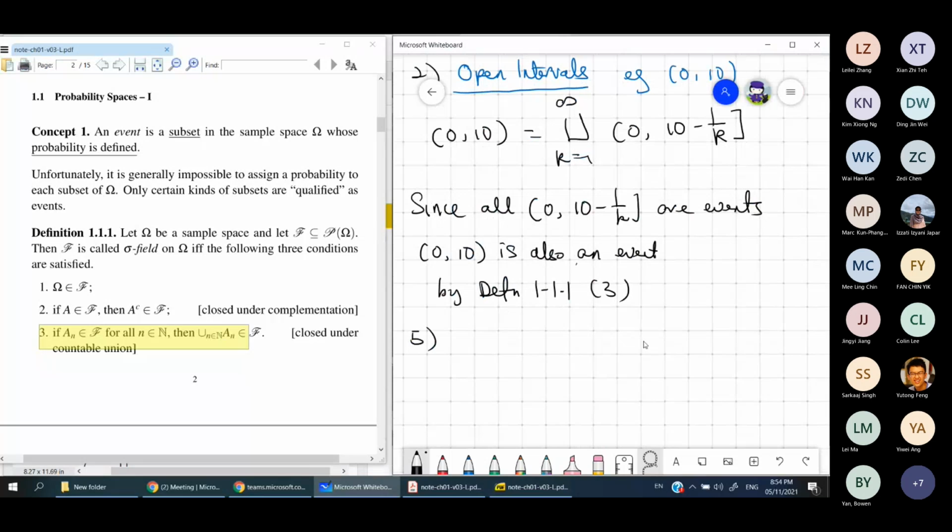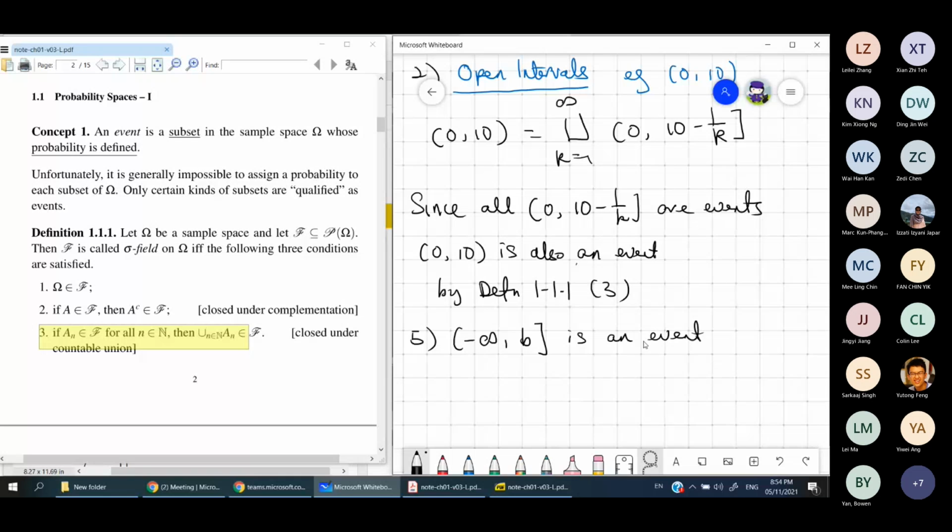So take all the intervals like this, for example negative infinity to b, is an event. I think it's better to use Borel set, but it doesn't matter, so it's an event.